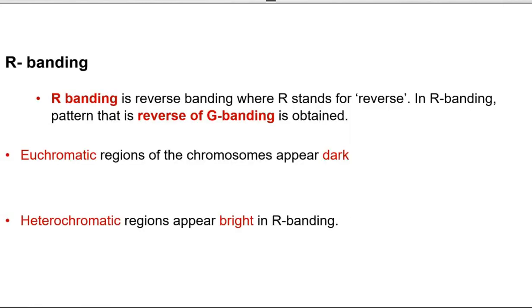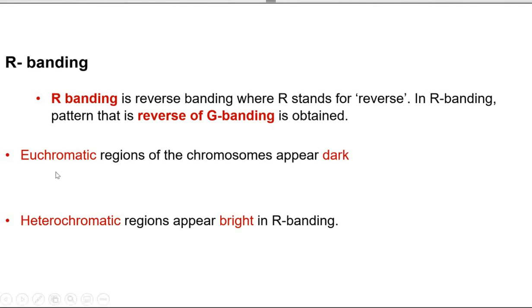Then apart from that, you have the R banding. Now, R banding has been taken from this word, the reverse of G banding. Whatever is a light area in G banding will be a dark area in R banding, and vice versa.